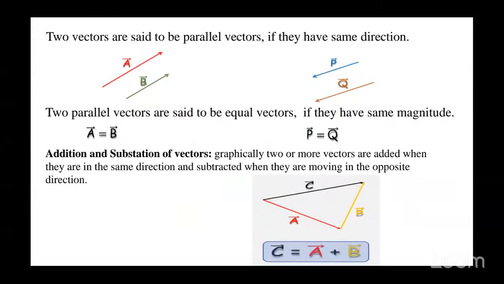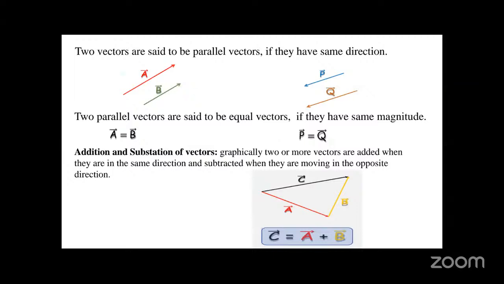Now, two vectors are said to be parallel vectors if they have the same direction. So here we have two vectors, vector A and B. If you look at them, both of them are moving in the same direction. So this implies that they are parallel vectors. Vectors P and Q also are moving in the same direction, showing that they are parallel vectors.